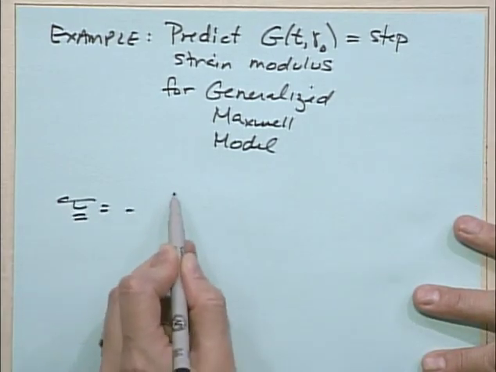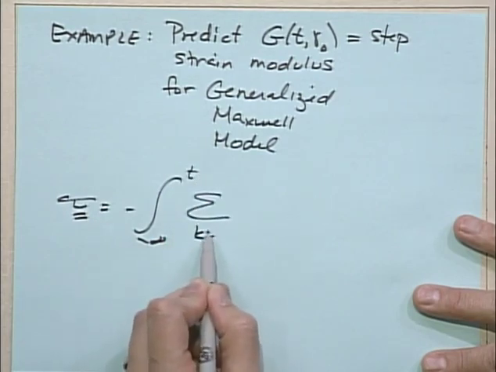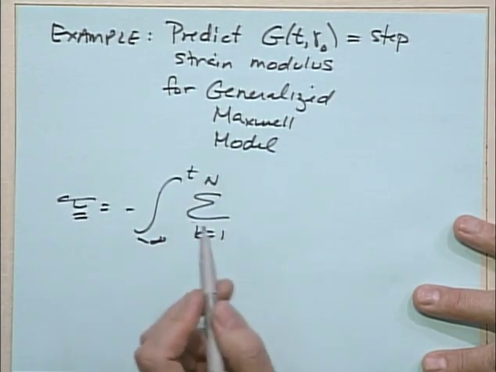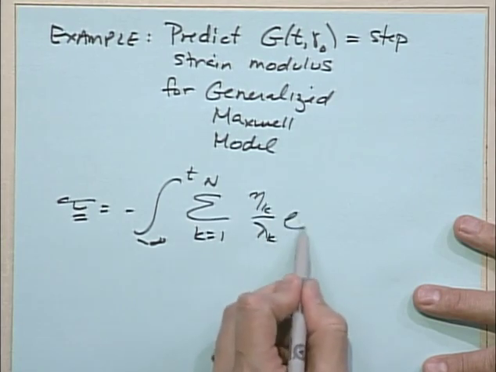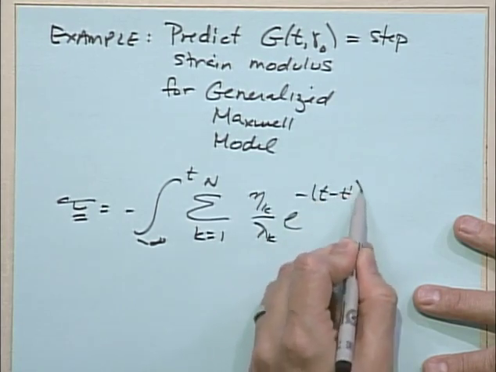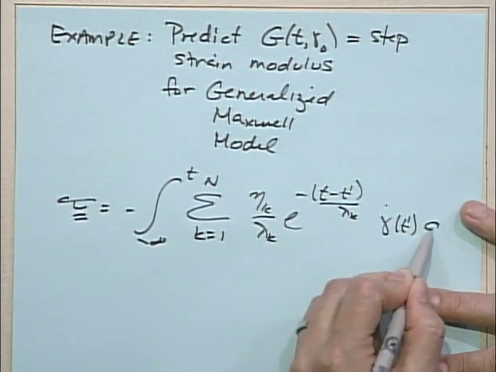Tau equals minus the integral from minus infinity to t of the summation, k equals 1 to n, or 1 to 3, whatever, eta k over lambda k, e to the minus t prime over lambda k, gamma dot of t prime dt prime.